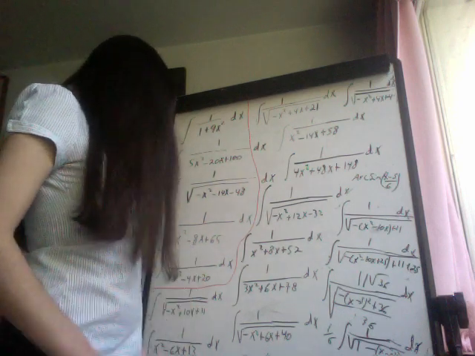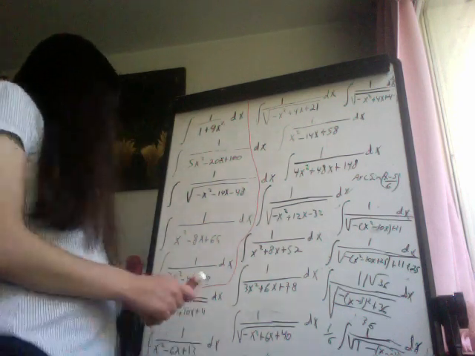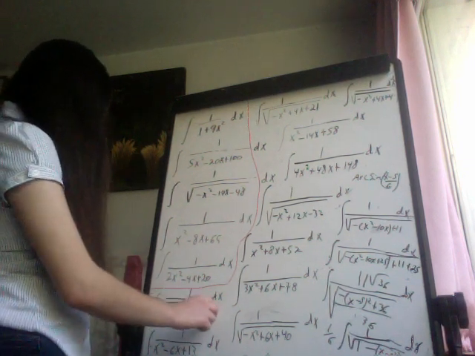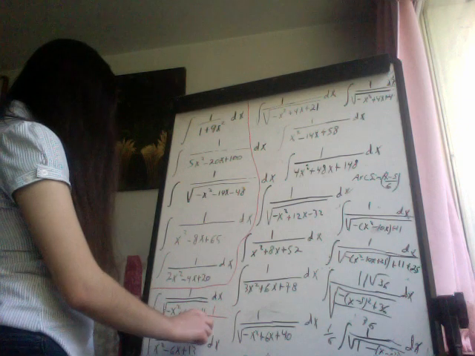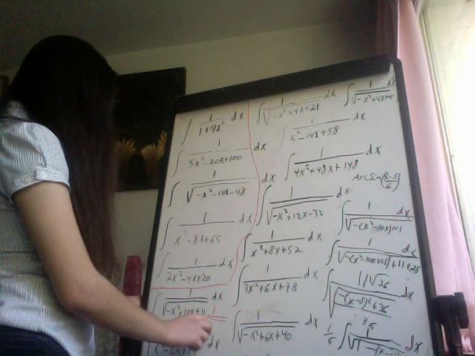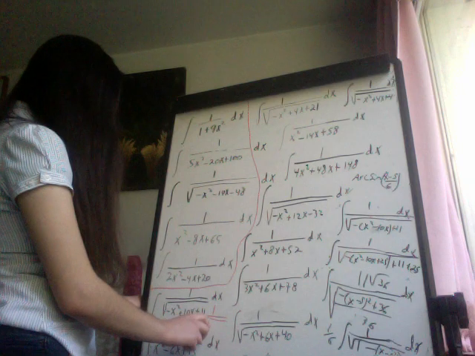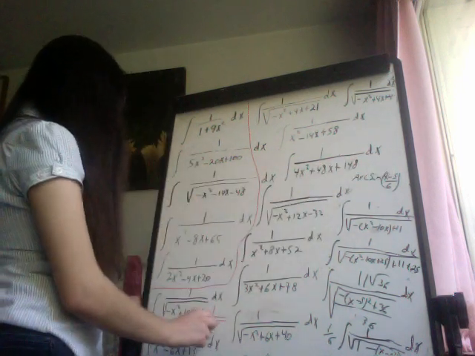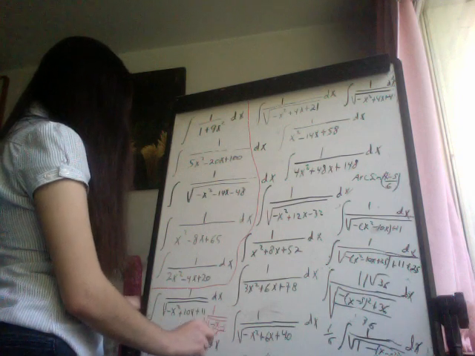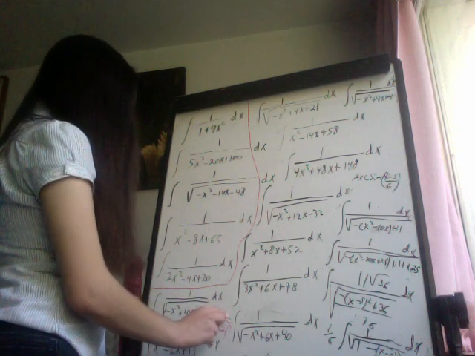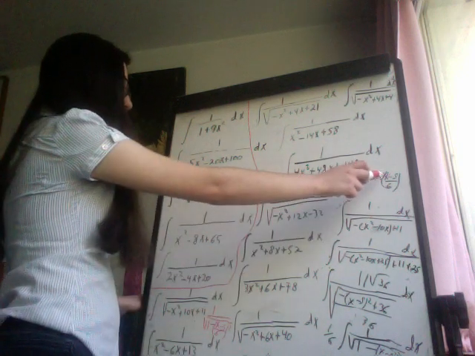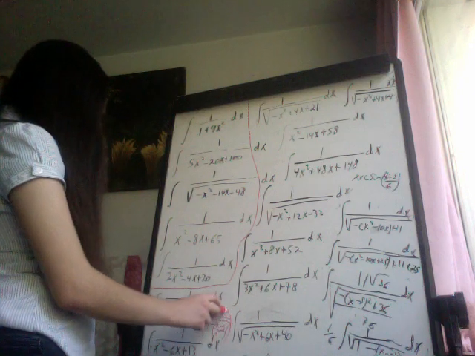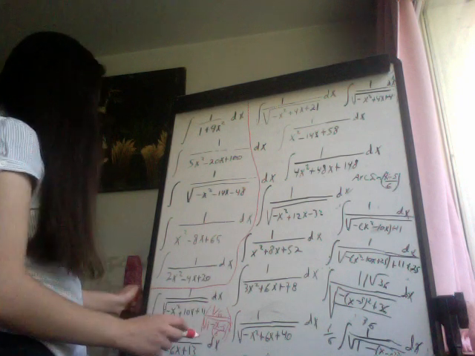This would be 1 over the square root of 1 minus the square of this thing, that is (x minus 5) divided by 6, squared, times the derivative of what is inside, so just 1 over 6. So here, times 1 over 6.